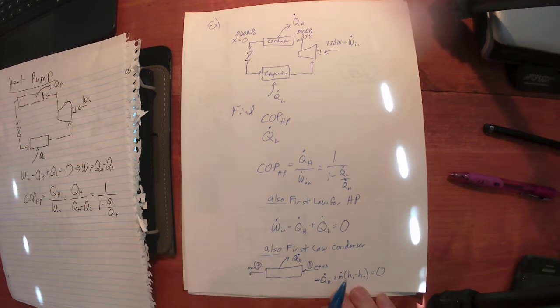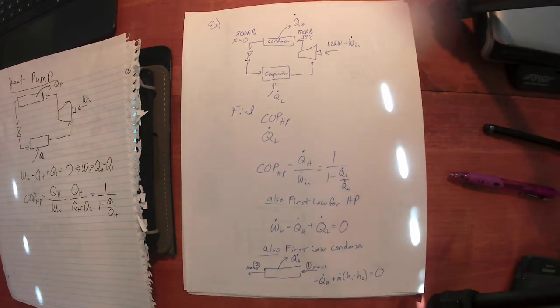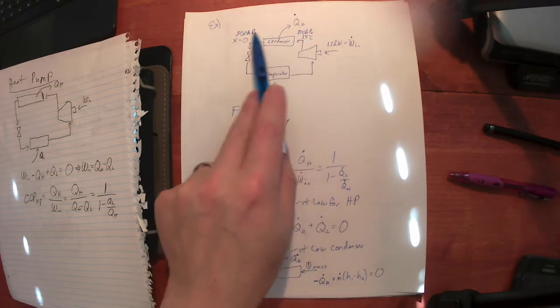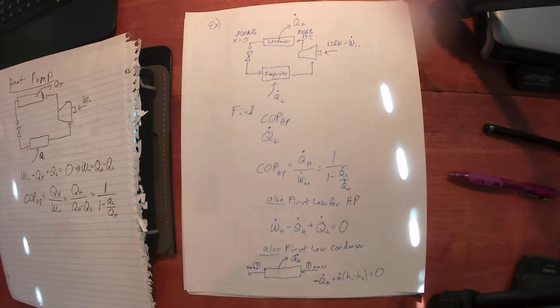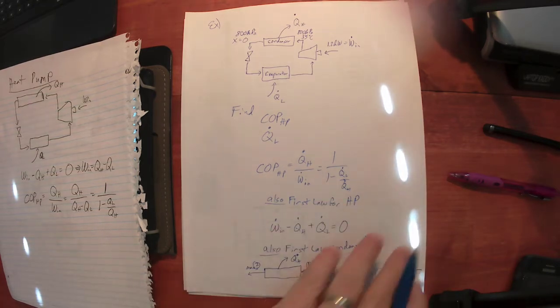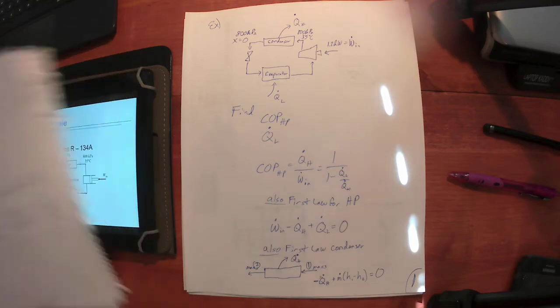This is the difference in the energy of the mass in and the energy of the mass out. Can I find these H's? Well, sure. I know pressure and temperature here. I know pressure and saturated liquid there. So I can just go look these up. So far, so good. This is page number 1, and I can set this aside.